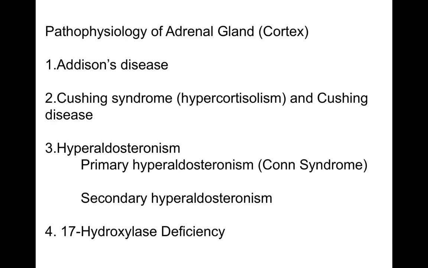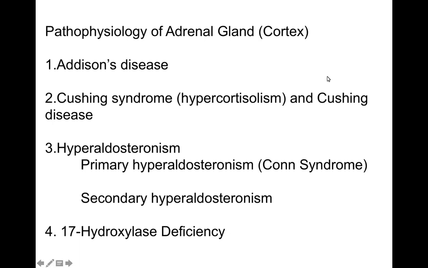It can be less production of ACTH from the anterior pituitary, so there is less cortisol. Or it can be at the hypothalamic level, where CRH, corticotropin releasing hormone, is produced less, which causes less production of ACTH, which in turn causes less production of cortisol.